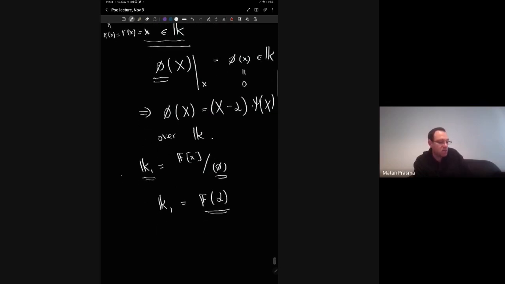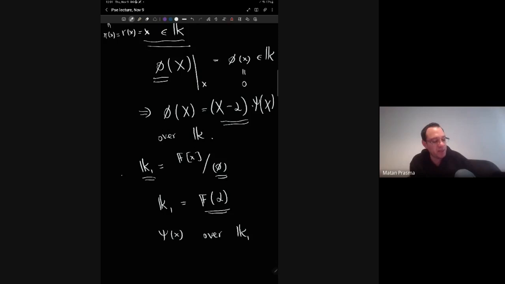And now, for phi, I can split at least one linear factor out of phi, maybe more, but at least one. That means that I can look at psi(x) over K1. Maybe not psi(x), because maybe I can split more linear factors.